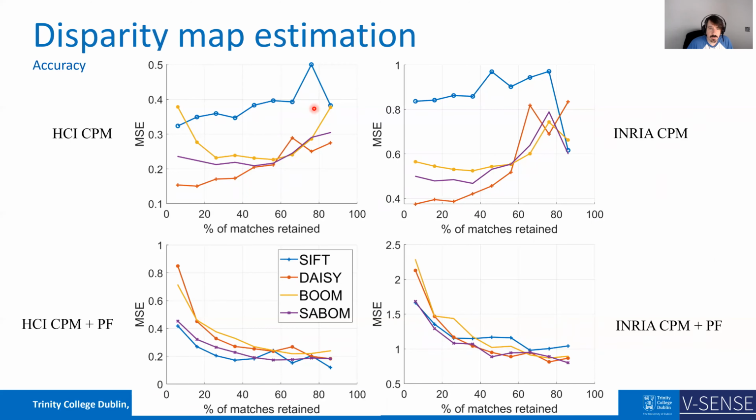And on top here, we have the results for the intermediate sparse disparity maps at the output of CPM. And on the bottom, we have the curves for the dense disparity map after applying the permeability filter. And we can see that the proposed SABOM is competitive with the other descriptors, and in particular, we can see that it is performing better than the Bloom descriptor, which once again confirms that it is interesting to use the angular gradient information.